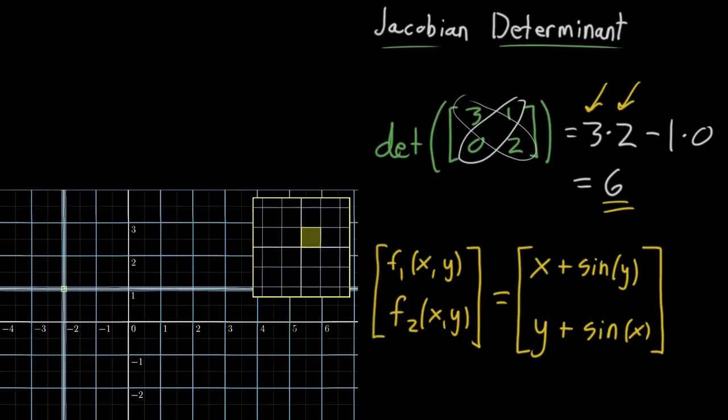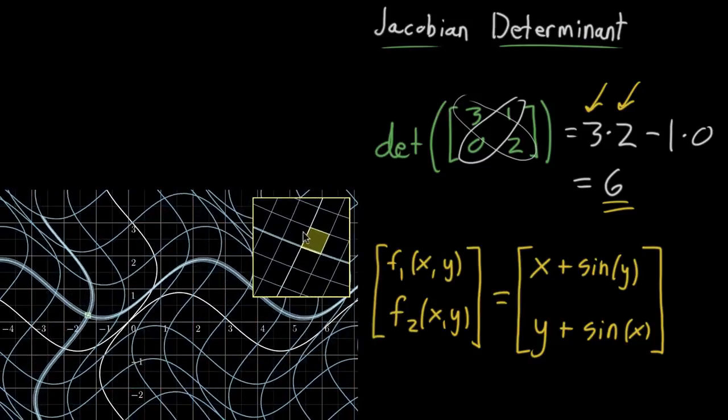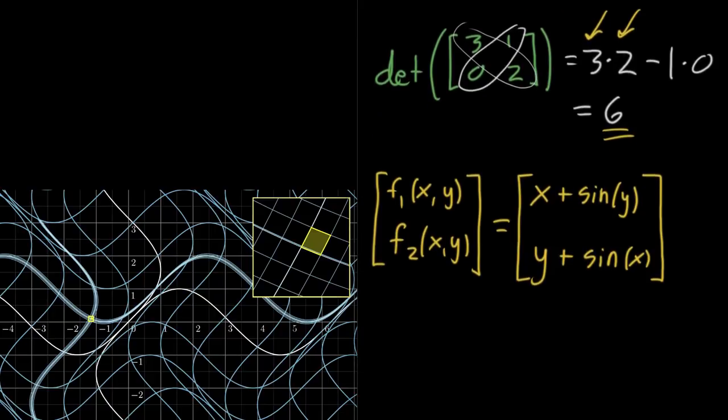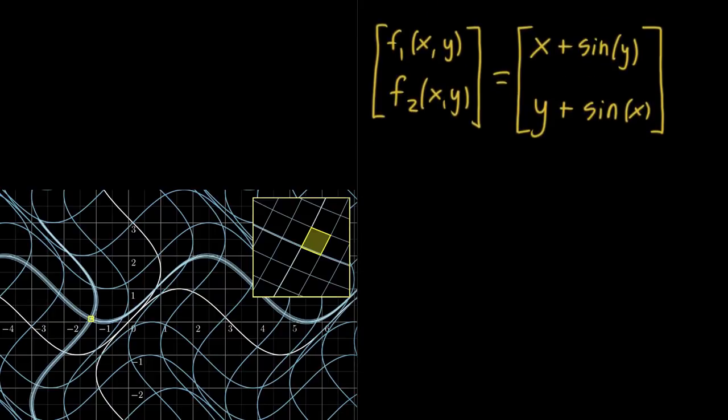So if we know the matrix that describes the transformation that this looks like zoomed in, the determinant of that matrix will tell us the factor by which areas tend to get stretched out. In particular, you can think of this little yellow box and the factor by which it gets stretched. As a reminder, the matrix describing that zoomed-in transformation is the Jacobian. It is this thing that holds all of the partial differential information.